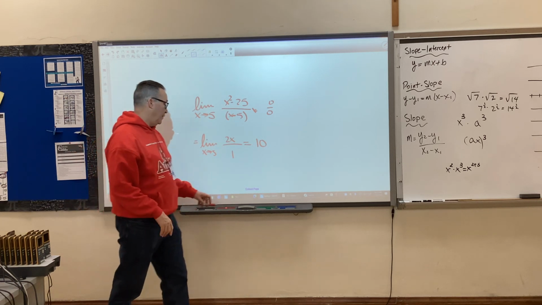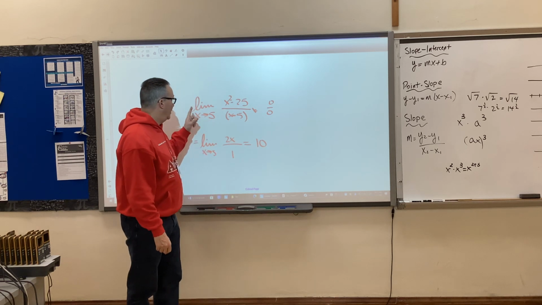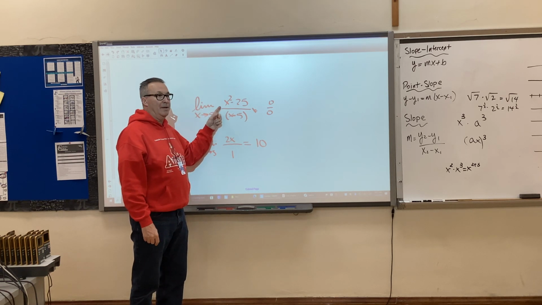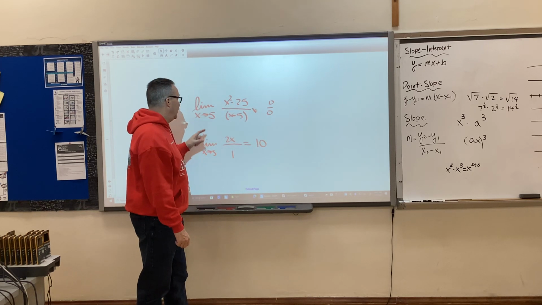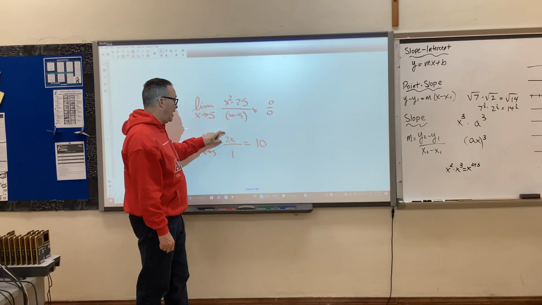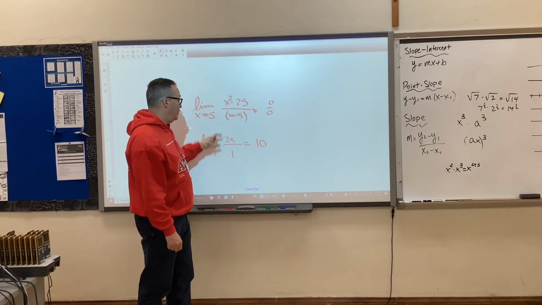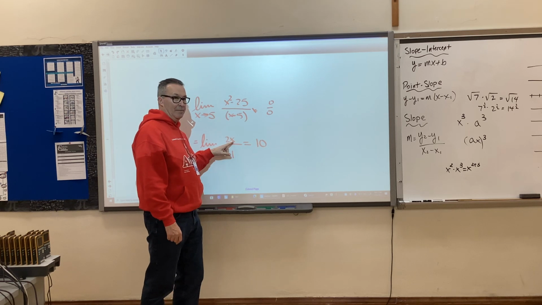Okay. So the rule is, if you try to evaluate the limit and you get 0 over 0, that indeterminate form, you're allowed to employ L'Hopital's rule. You take the derivative of the top, leave that on the top, derivative of the bottom, leave that on the bottom, and then plug in your number.